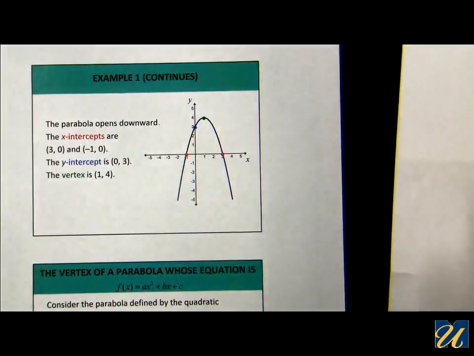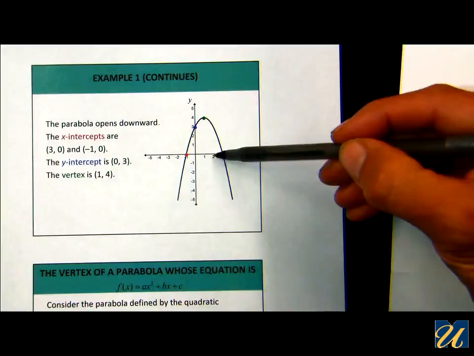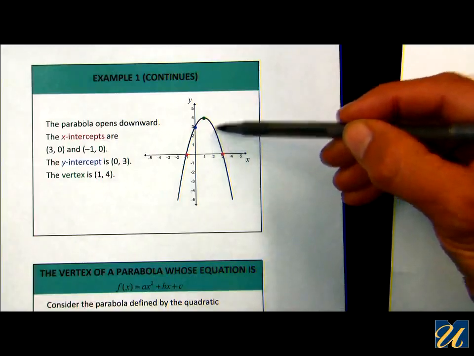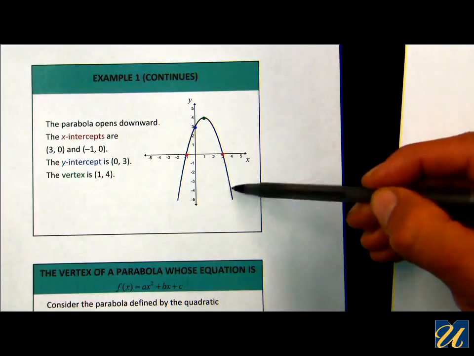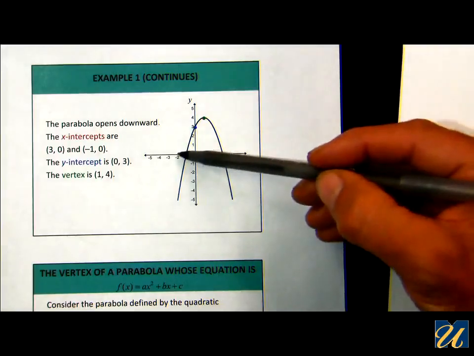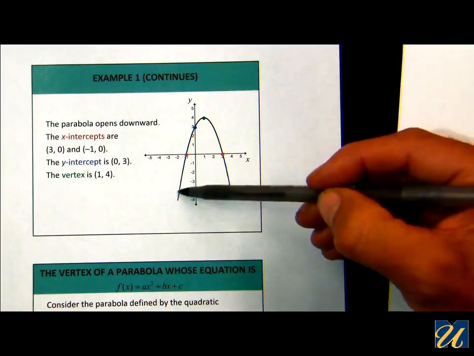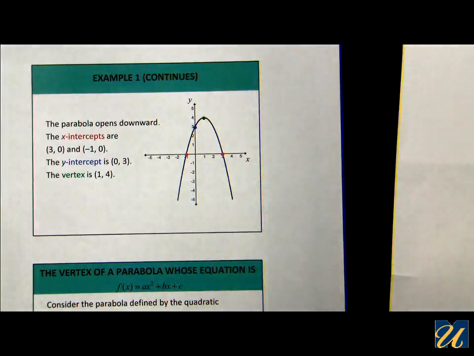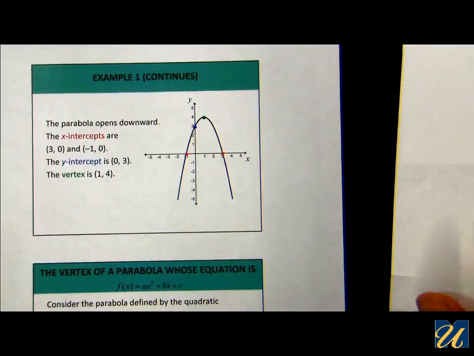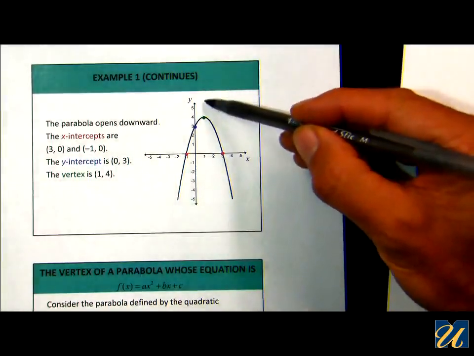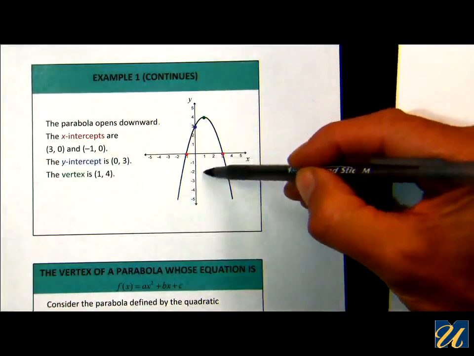If you need an additional point, you could plot, say, 2, which should land about here, or you could plot 4, which would land about there, or you could plot negative 2, which should land about there. Usually, the x-intercept, the y-intercept, and the vertex, and knowing that it's symmetrical about the line of symmetry right here.